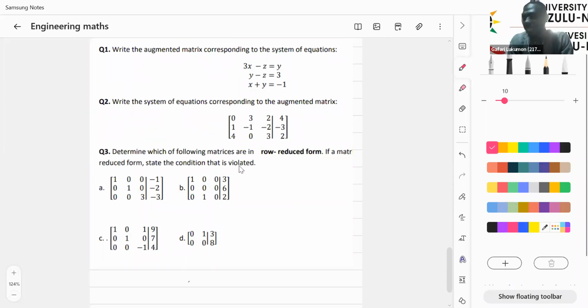Anybody who will try it? Who will try it? Can you just take it to the form it was before?